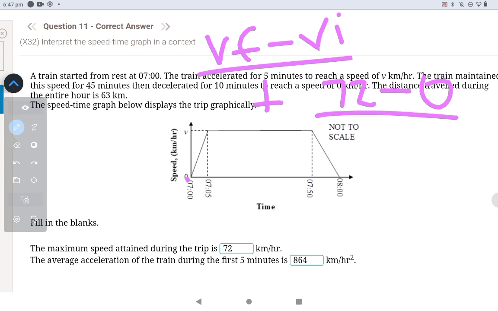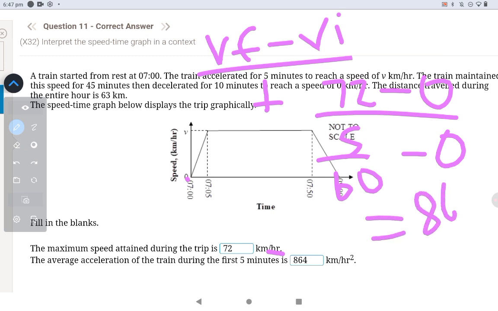It was first at 5 minutes. We need to make it into hours. Like I said, it's going to be 5 over 60, which will be a decimal number, so just put it like this. Just put 5 over 60 minus 0, and when you put that in the calculator, which is 72 divided by 5 over 60, we get 864. That is the average acceleration, 864 kilometer per hour square.